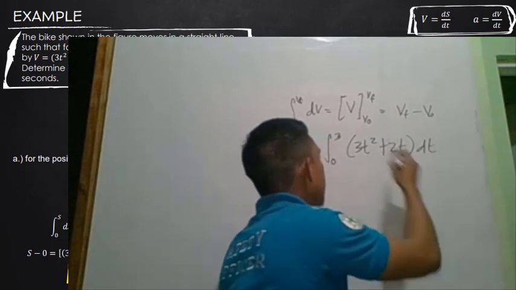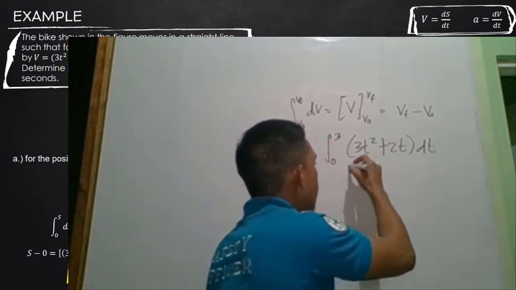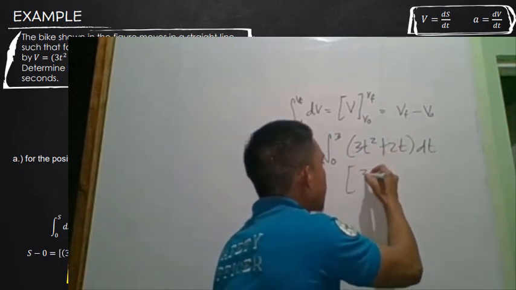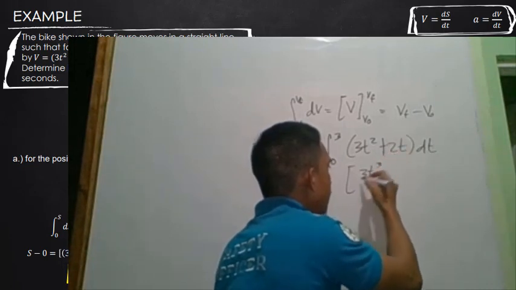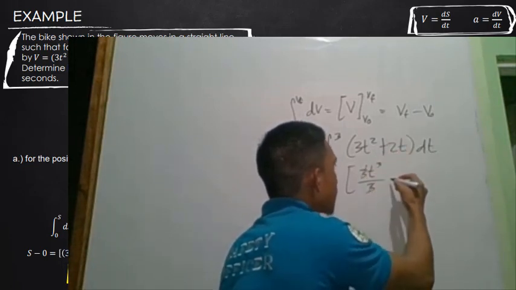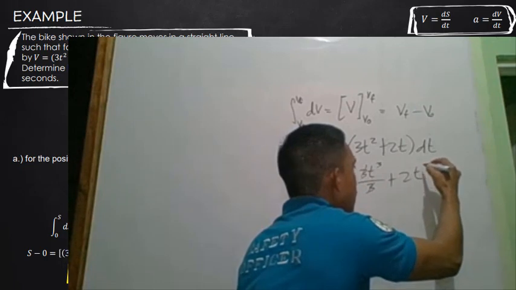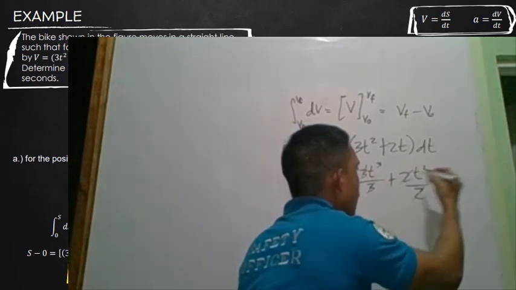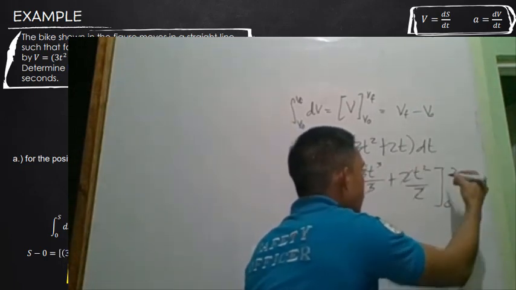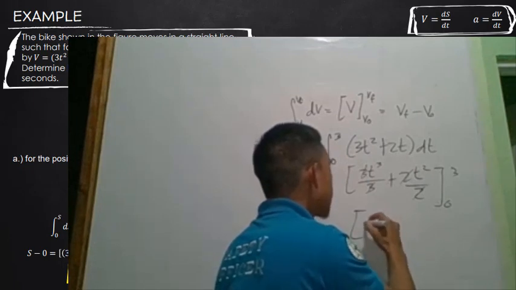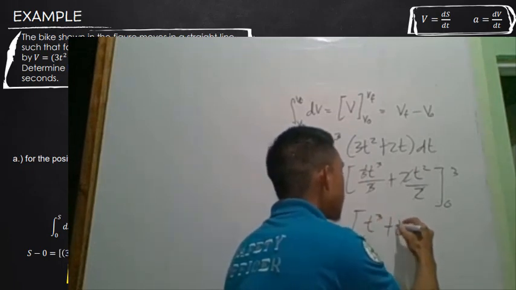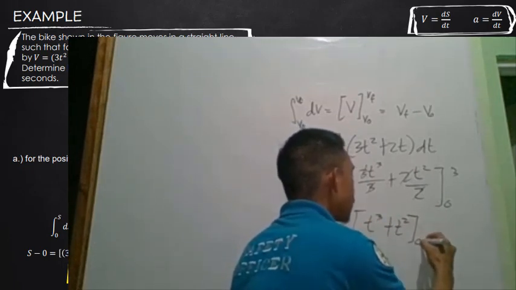Integrating using the power rule, that will be 3t³ over 3, so the 3s cancel, and 2t² over 2, so the 2s cancel, from 0 to 3. So your resulting equation is t³ + t² from 0 to 3.